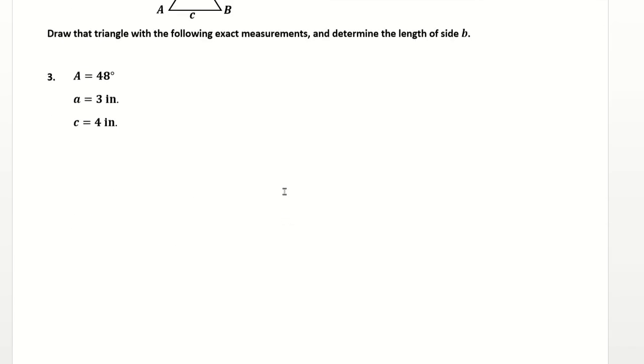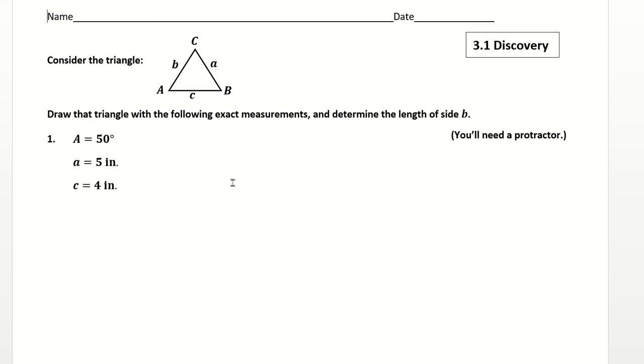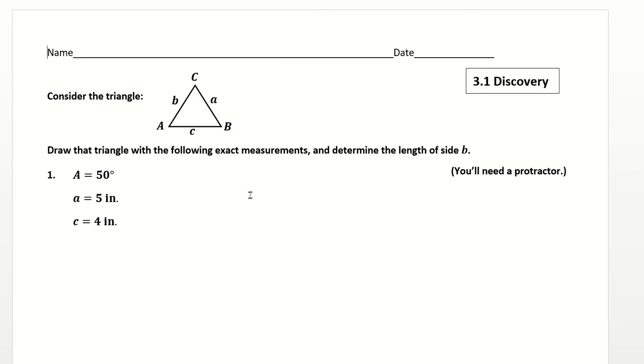Okay? There's a number 3 on the back. But let me get you started before you do that hard pause on the video. So this handout, here we go. You're going to need a protractor. If you also have a ruler, I don't think you're going to need a ruler because the protractor will take care of everything.